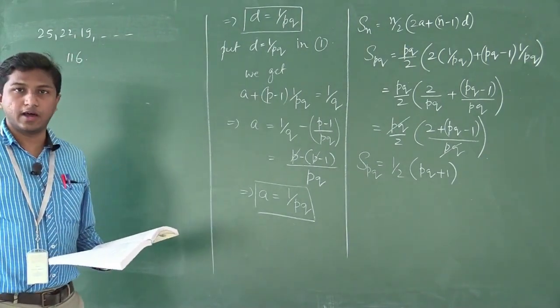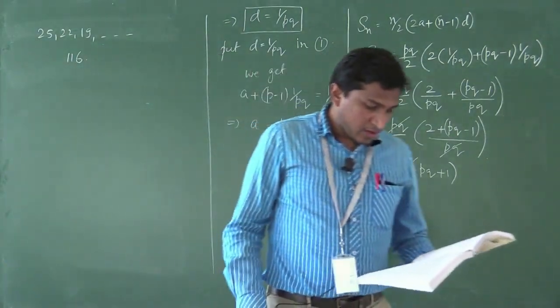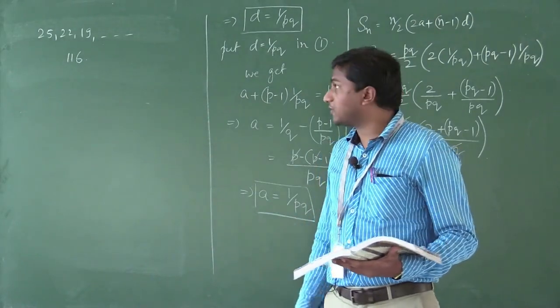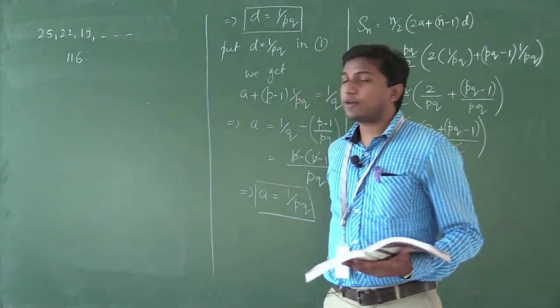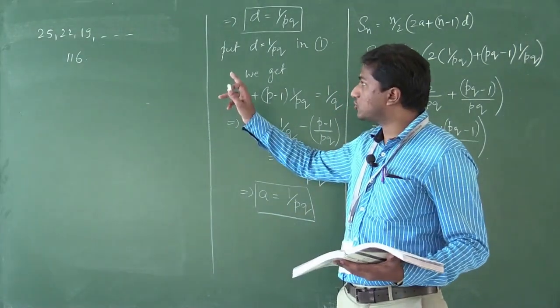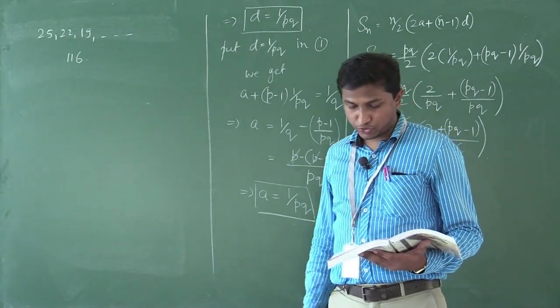Find the last term. I repeat the question once again. If the sum of a certain number of terms of the AP 25, 22, 19, and so on is 116, full stop.